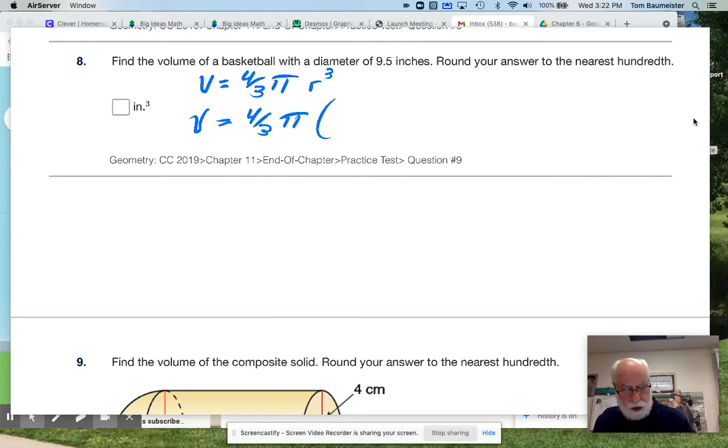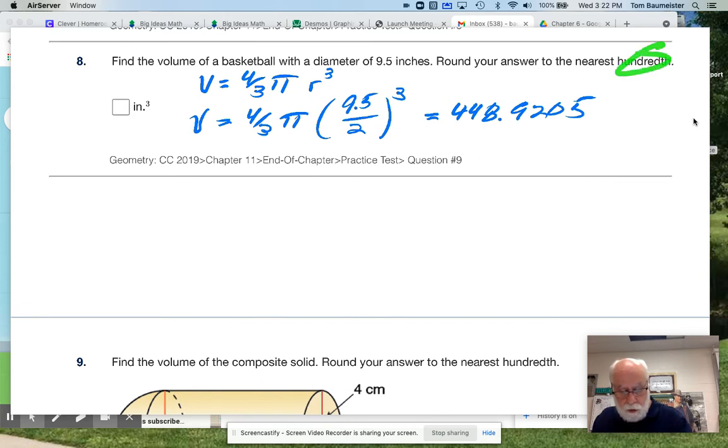And remember, it gave you the diameter, so you can either divide it by 2 first, or you can just plug it in like that. Cubed, all right? So if I do that correctly, I'll get 448.9205. So again, they say on this one to the nearest hundredth. So we're going to say it's 448.92 inches cubed, or cubic inches.